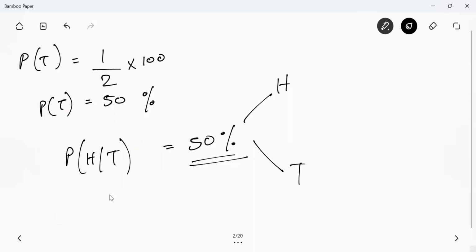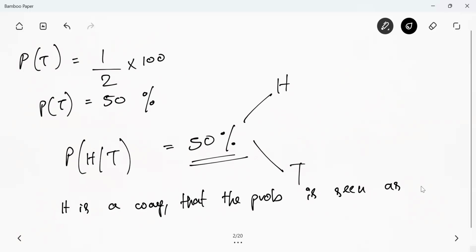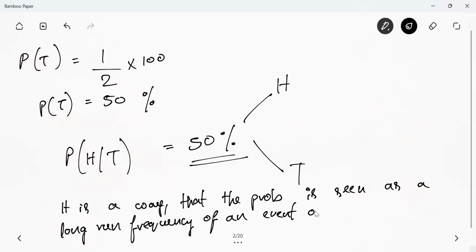Now this entire concept is nothing but frequentist interpretation. But if you want to know the official definition of it, I would say frequentist interpretation is a way that probability is seen as a long run frequency of an event occurring.